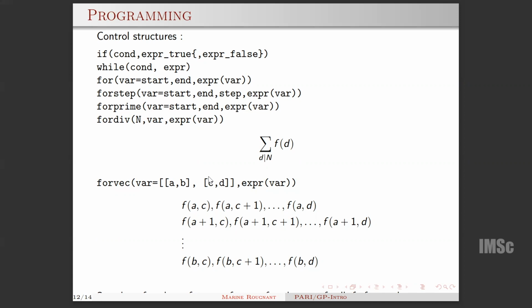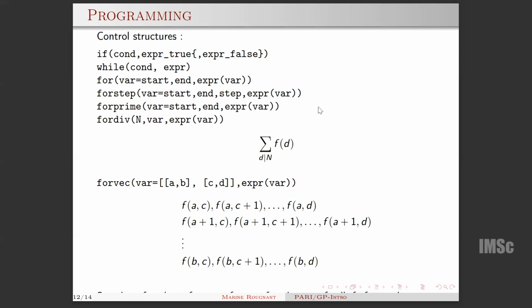And you can also use forvec, which when you read the documentation, it's a bit tricky to understand, but it's easy. Look, I just wrote everything for you. You have to give it a vector with two vectors inside.